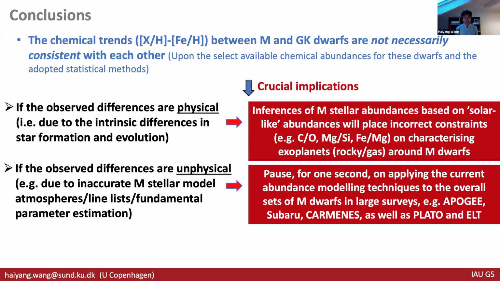On the other hand, if the observed differences are unphysical, such as due to inaccurate M-dwarf stellar model atmospheres, line list choices, and fundamental parameter estimations, then we need to pause on applying the current abundance modeling techniques, which are potentially calibrated for Sun-like stars, to the overall set of M dwarfs in the larger surveys, such as APOGEE, Subaru, CARMENES, as well as PLATO and ELT in the near future.